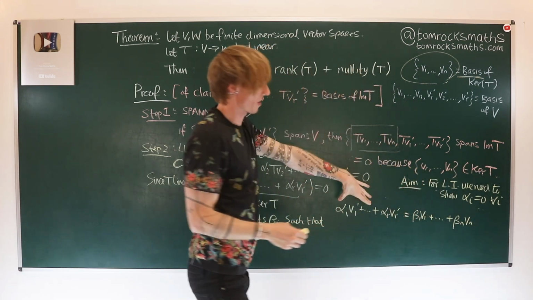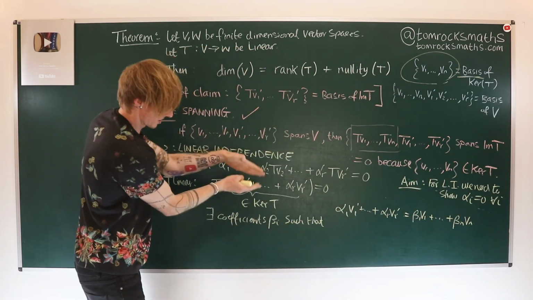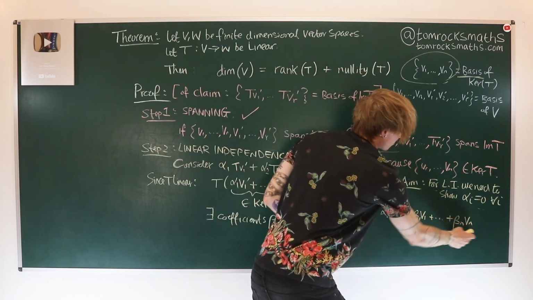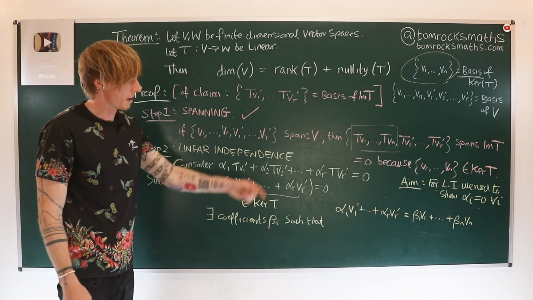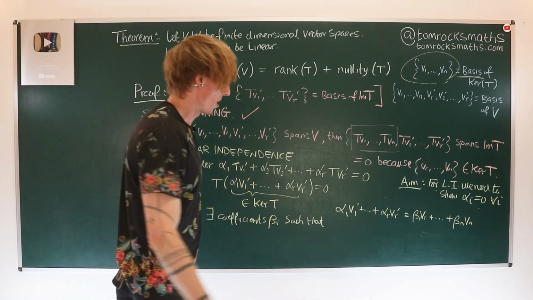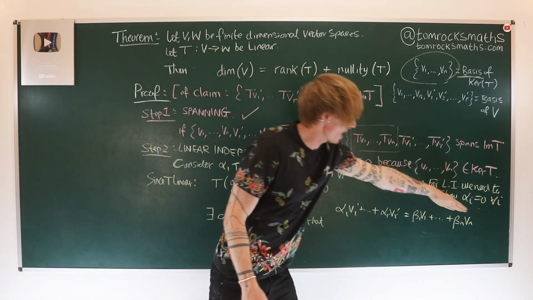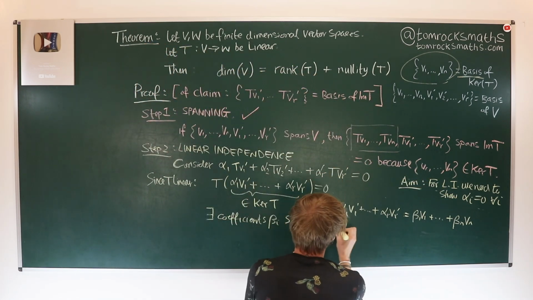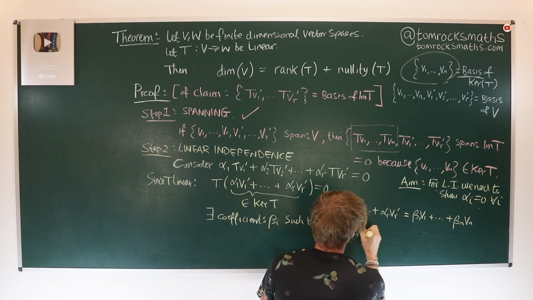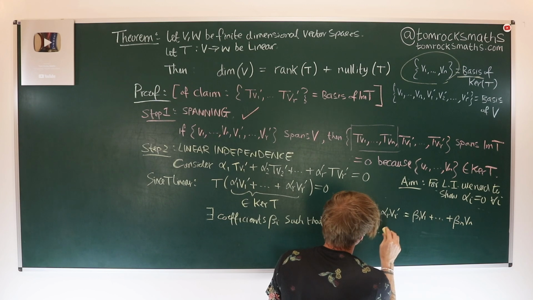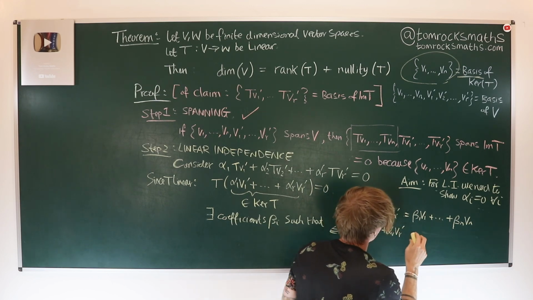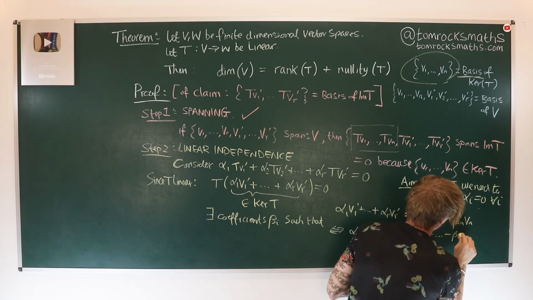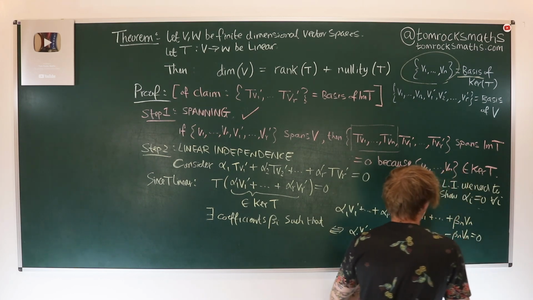We have to be able to express the thing that's in the kernel, because that's the definition of being in the kernel, in terms of our basis vectors. But what have we got here? Well, what I can do is just take all of these across to the left-hand side. So that's equivalent to alpha 1 v1 prime plus dot dot dot plus alpha r vr prime minus beta 1 v1 minus dot dot dot minus beta n vn being equal to 0.